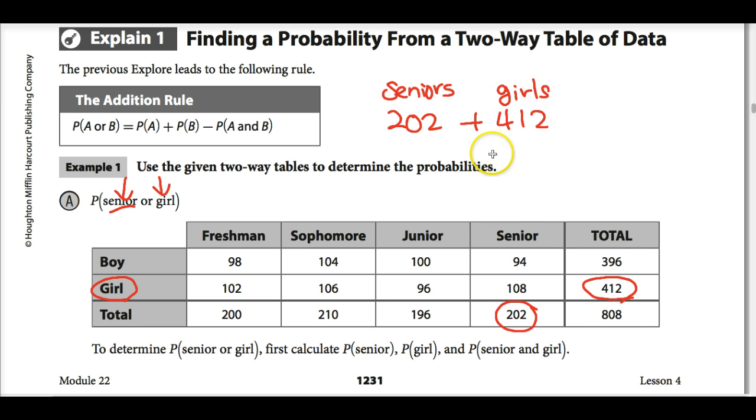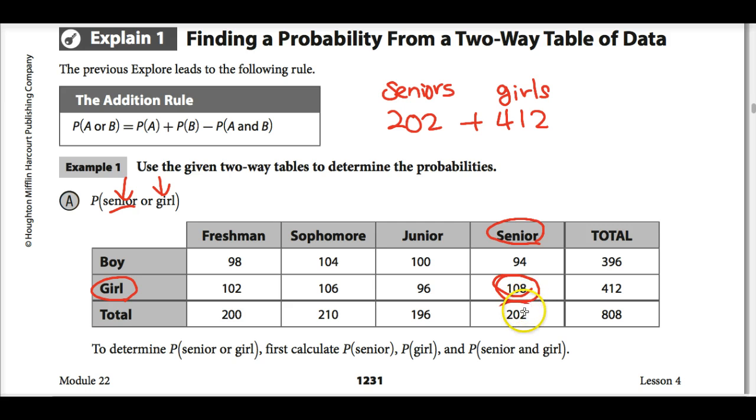Okay? So we're going to add them because we want to know the probability of a student being a senior or a girl, okay? But when we add these two, we have all the seniors and the girls. But what is our problem? We have seniors who are also girls.